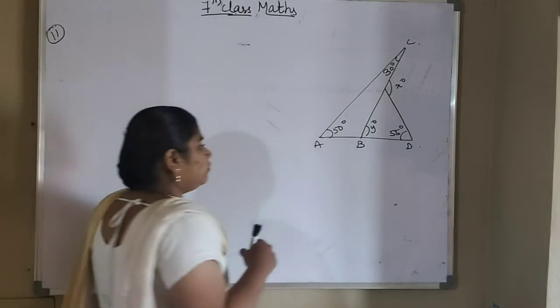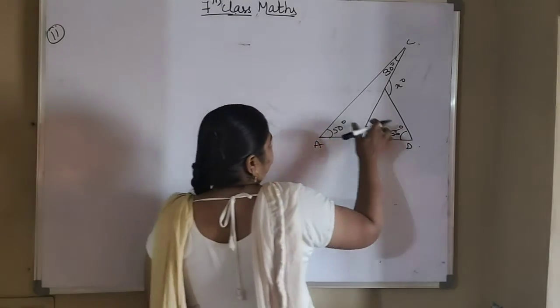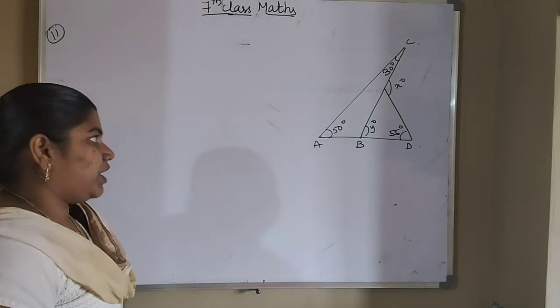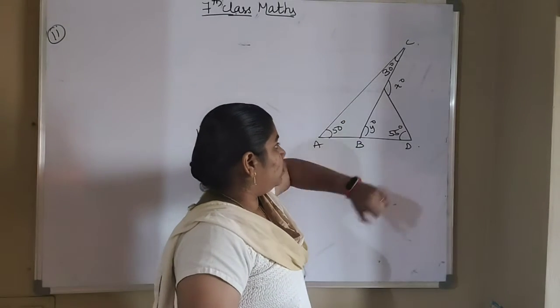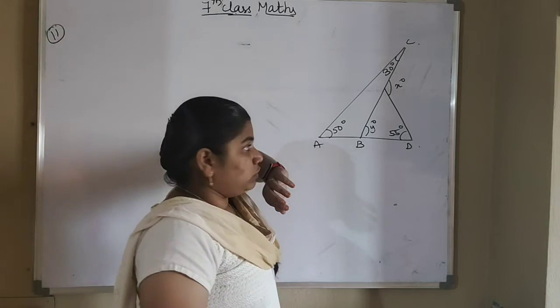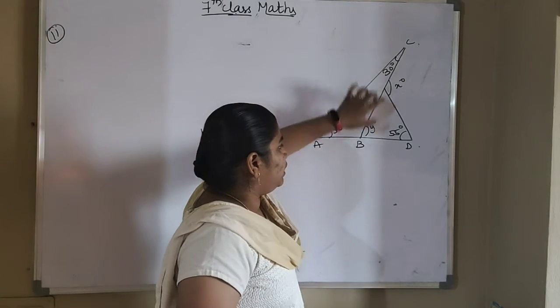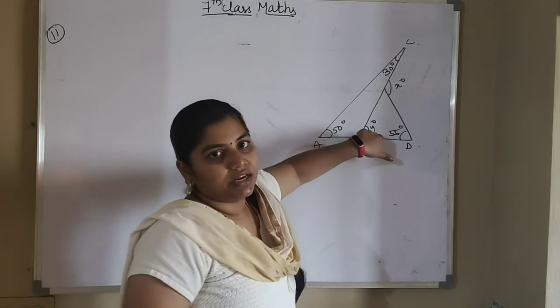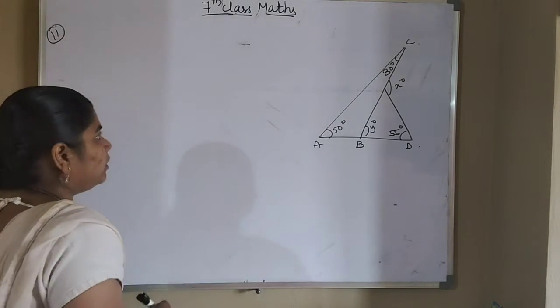We have to find the x value and y value. So how to find the x value and y value? Before finding the x value, I am finding the y value. How to find the y value? The sum of two interior angles will be equal to the exterior angle. So by using the exterior angle property, we can find the y value.